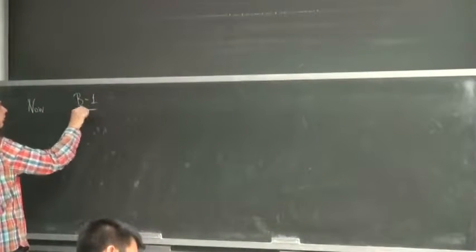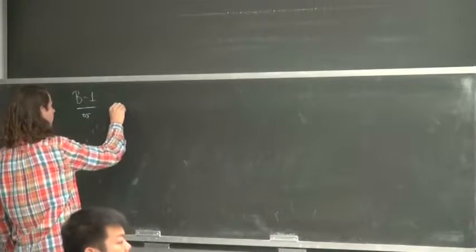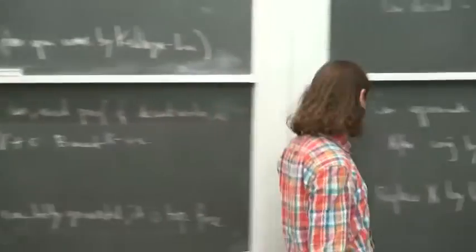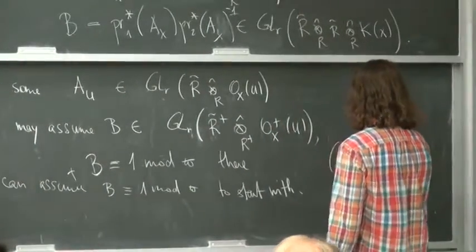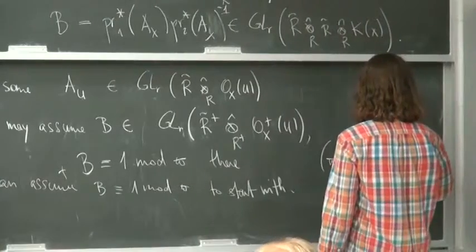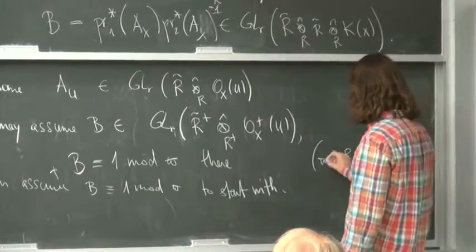But what happens is that if you look at (b minus 1) over pi, then this gives a... So this pi is the one that's coming from R? Pi is any pseudo-uniformizer in R, yeah. But the approximation is coming from the lifting from the residue field, right?